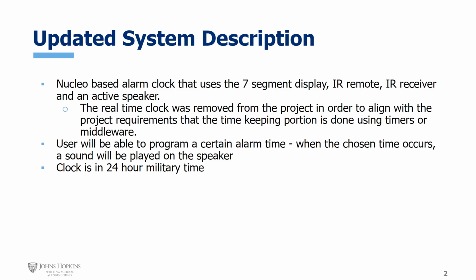A hardware timer uses an oscillator or some sort of clock, but this is done purely in software, so I believe it uses a little more resources, and it ended up being more hassle than I thought it was worth. I only did it because it was a requirement; in the future I would just use a hardware timer. You can program a certain alarm time, and when the chosen time occurs, a sound is played on the speaker, and it's in 24-hour military time.